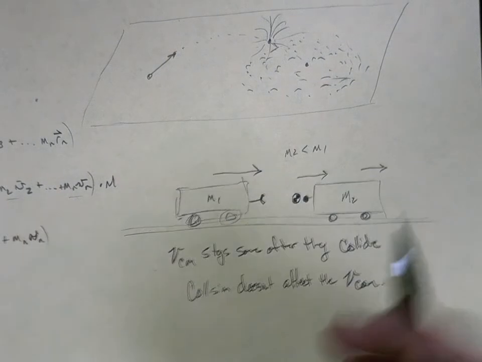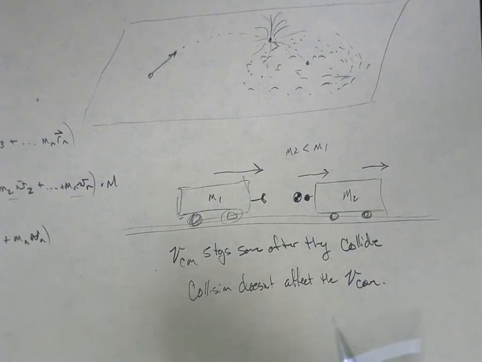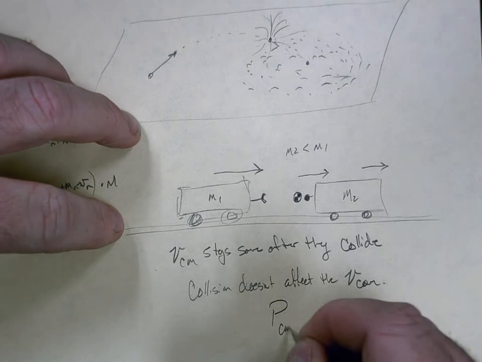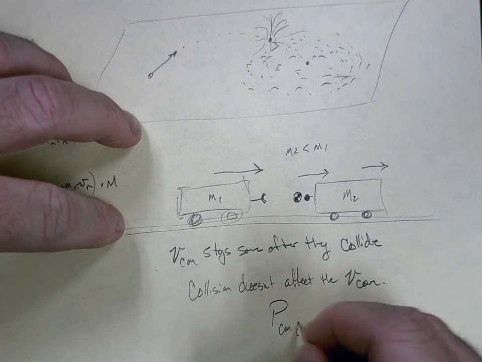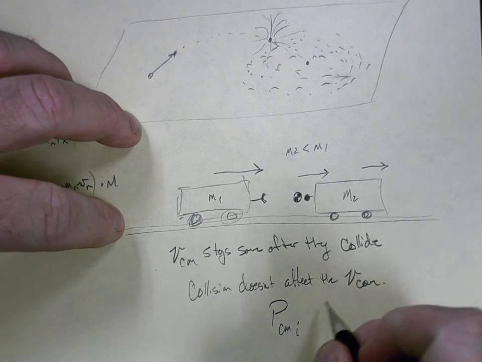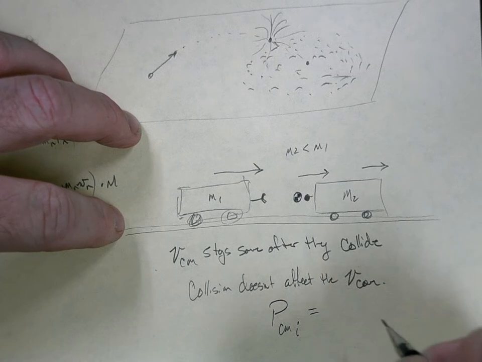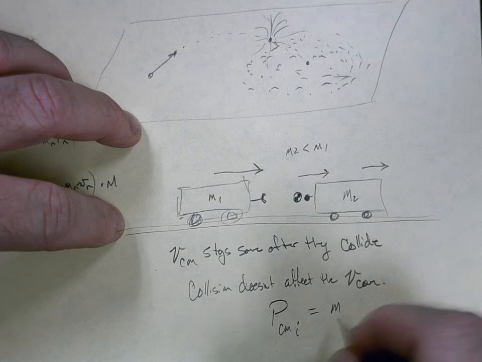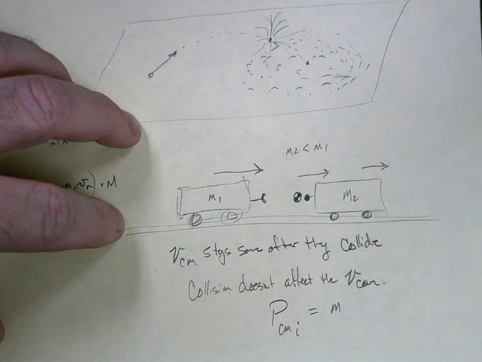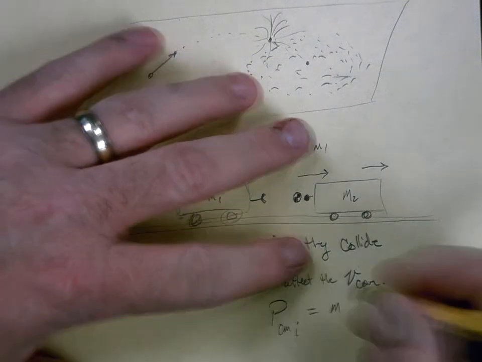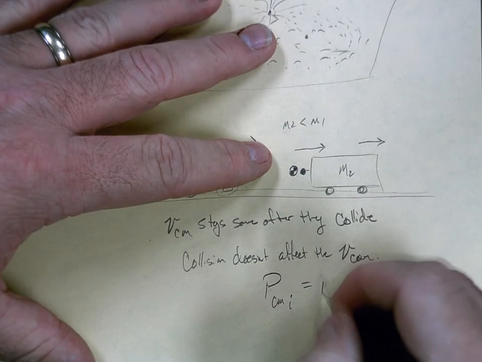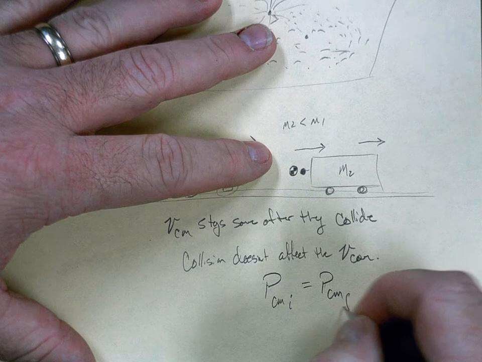It just affects the mutual velocity of the two particles. So the momentum of the center of mass initial is equal to the momentum of the center of mass final after they collide.